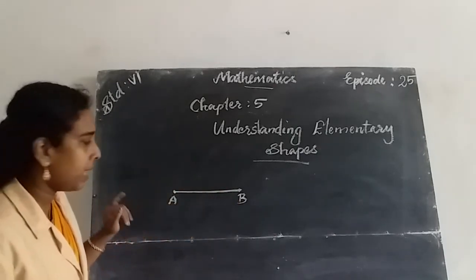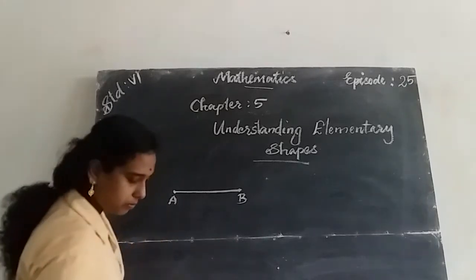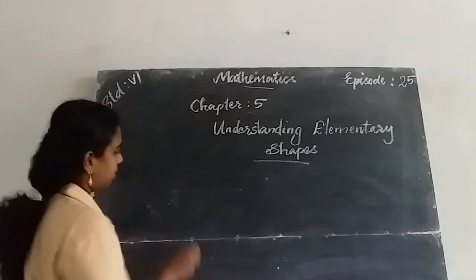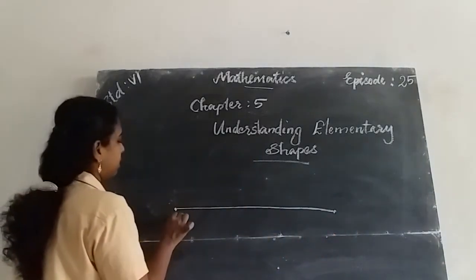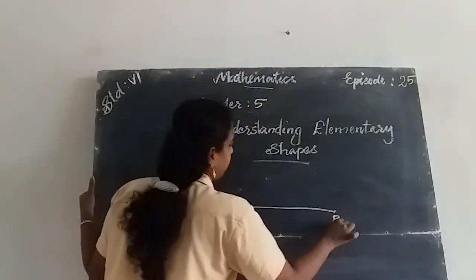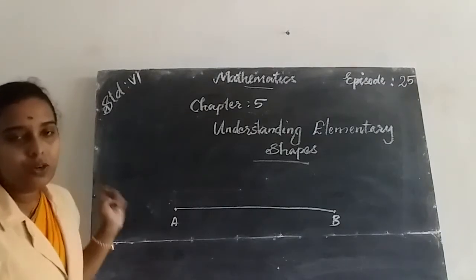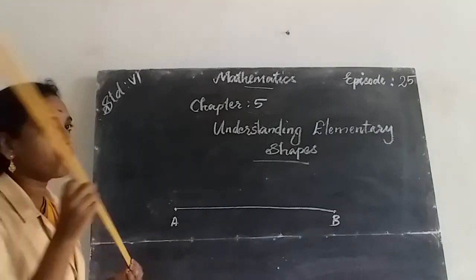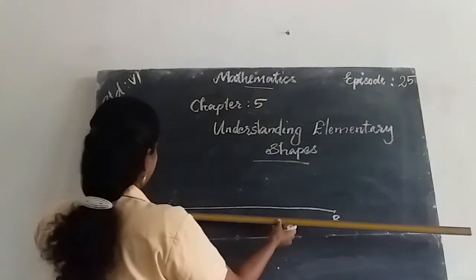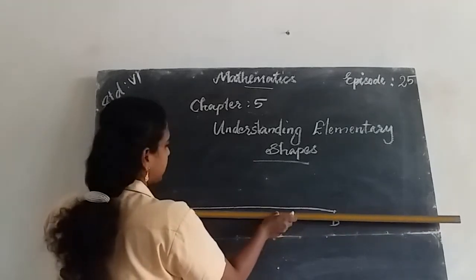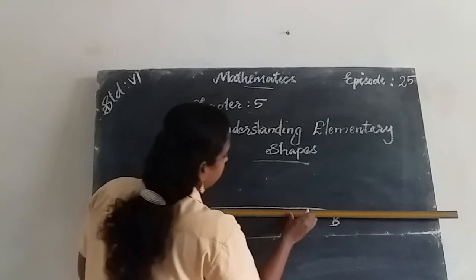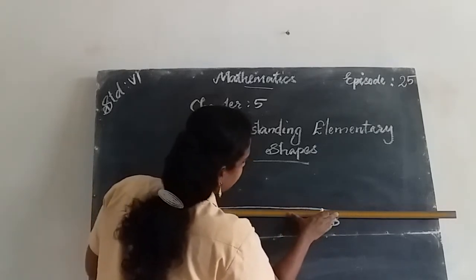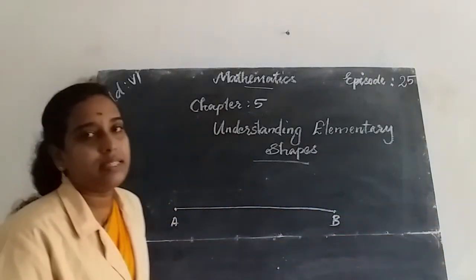Like we draw a line segment like this, and this is line segment AB, and we use a ruler to find the length of the line segment like this. The distance between the points A and B is the length of the line segment, and this measures 56 centimeter.